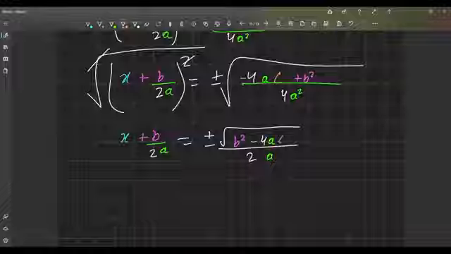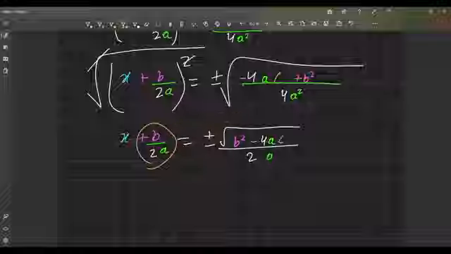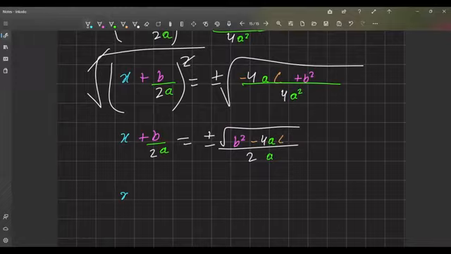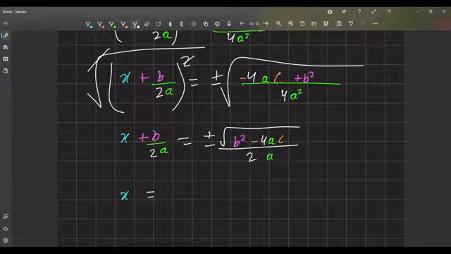Okay, in the next step I'll take this to the other side. So when I take this to the other side, I'll get on the left hand side x, which would be equal to, I'll take this to the left side, since taking it to the right side would be a little bit confusing.